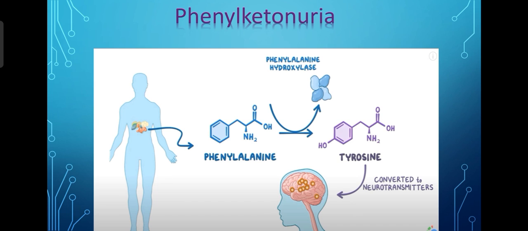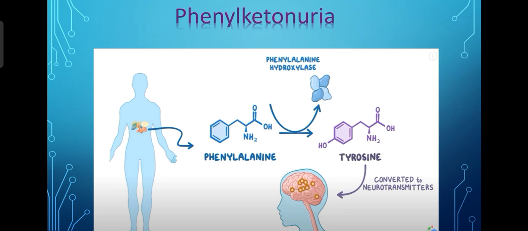Phenylalanine hydroxylase is an enzyme that converts phenylalanine into tyrosine. You can see in the reaction. So tyrosine is essential for the synthesis of neurotransmitters such as epinephrine, norepinephrine and dopamine.